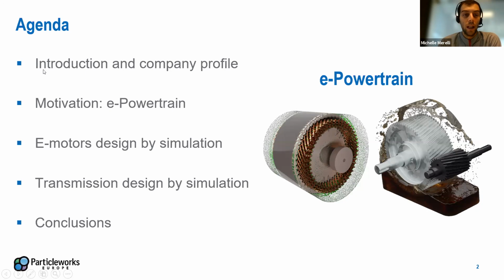So the agenda for today is, after a small introduction on the company, the motivations again for the development of new e-motors and e-powertrains. Then I will go through all the e-motor design steps and simulation steps to improve the design, and we will see what you can extract with the software in terms of information.